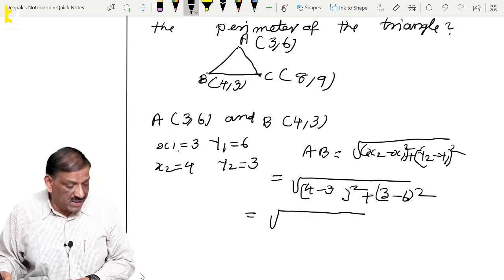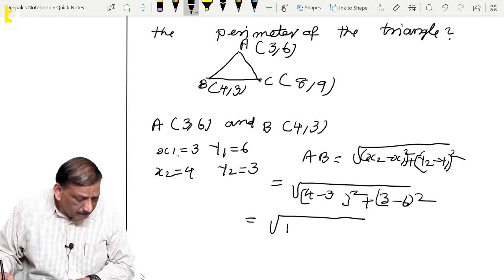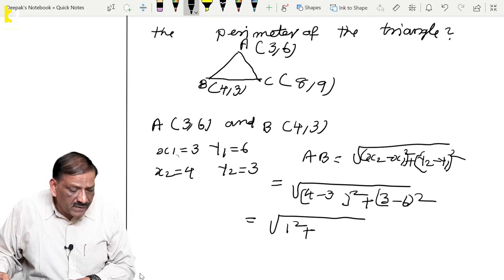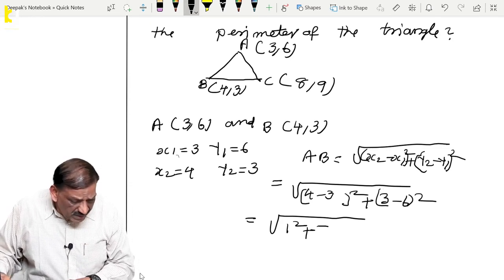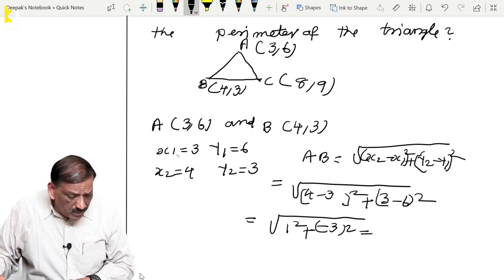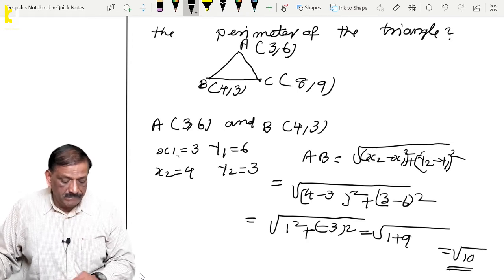What is 4 minus 3? That is 1. Therefore, this is equal to 1 square plus (3 minus 6) whole square, that is (minus 3) whole square, that is equal to root of 1 plus 9, that is equal to root 10.